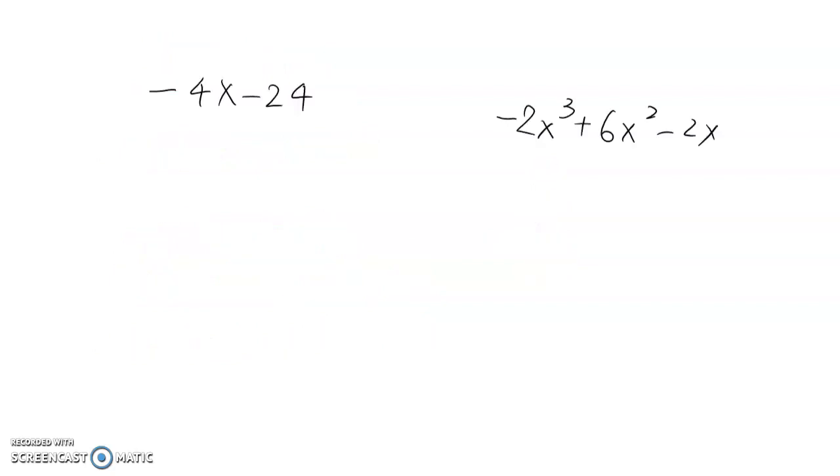Now let's look at the following 2 problems. We want to factor out the GCF, greatest common factor. So you can see the 2 problems have in common that their leading coefficient is negative. So usually when we see the leading coefficient being negative, we want to factor out the negative sign.